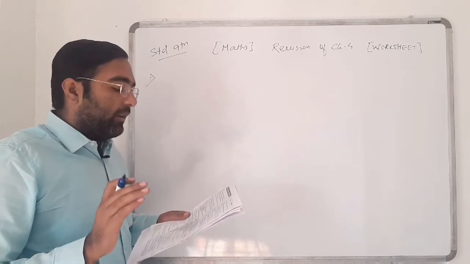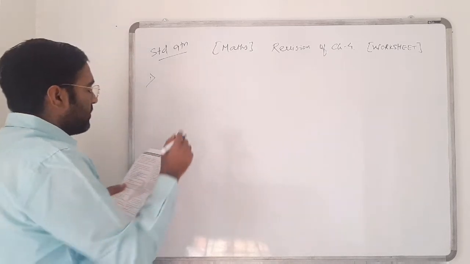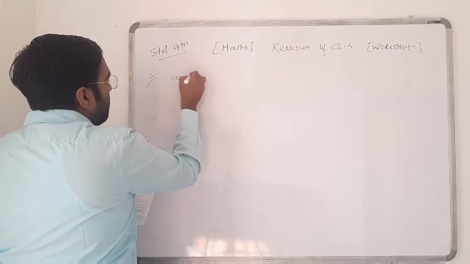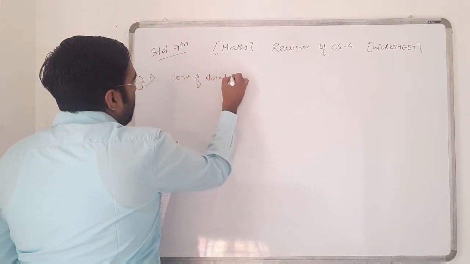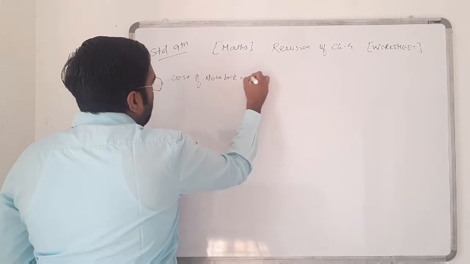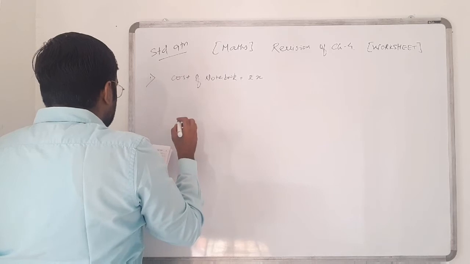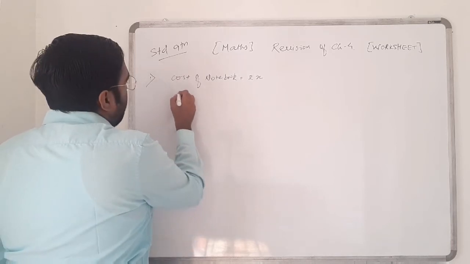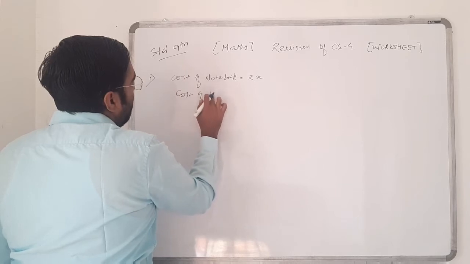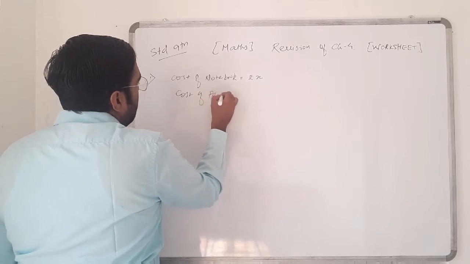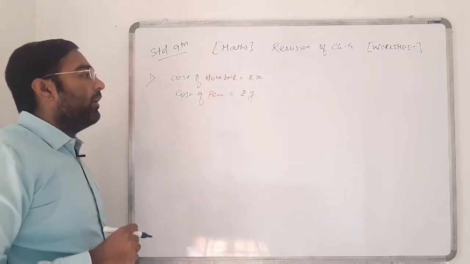In the bracket they say to take the cost of the notebook as rupees X. So the cost of the notebook is rupees X, and the cost of the pen is rupees Y.